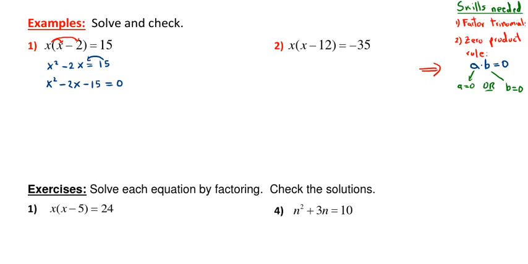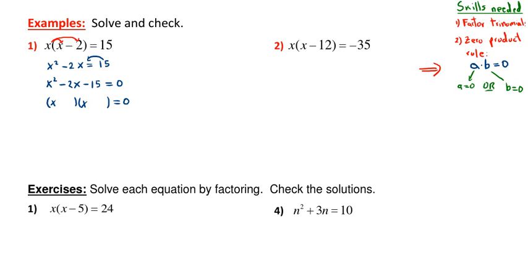And now we can factor the trinomial. And we know that a trinomial comes from the multiplication of two binomials. We need an x and an x to get the x squared. And then we look for two numbers that multiply to -15 and that add to -2.